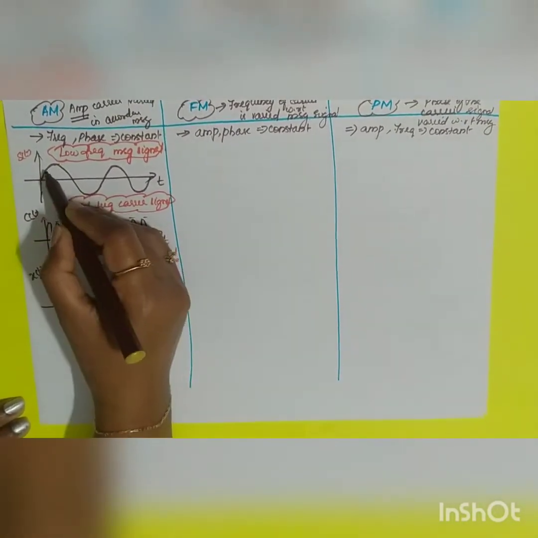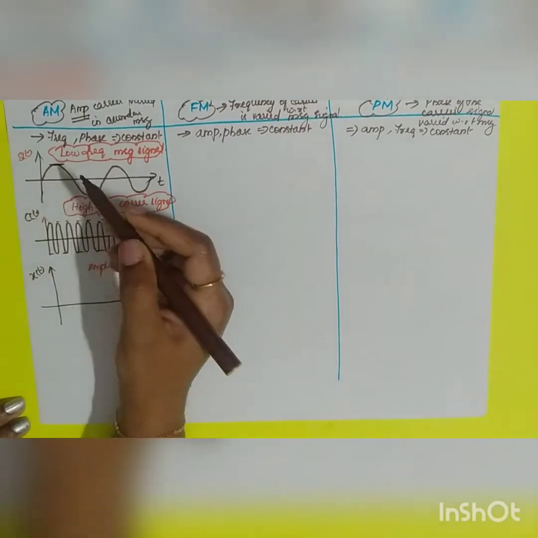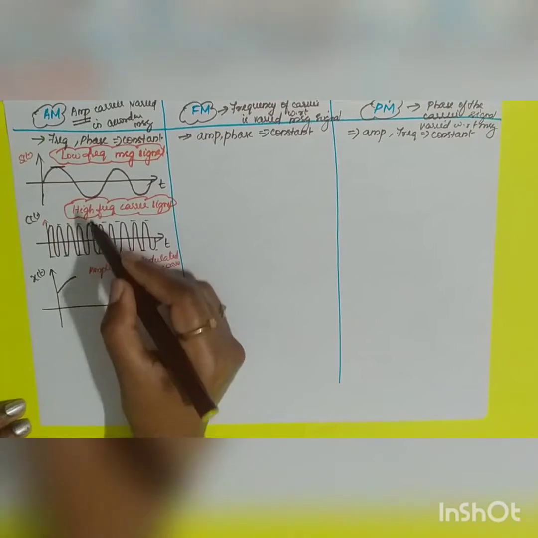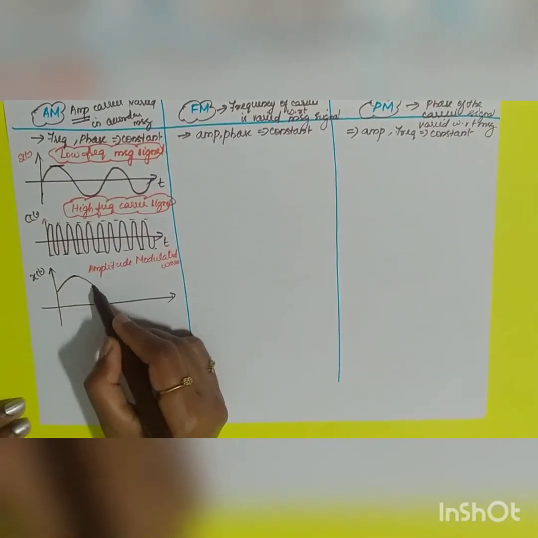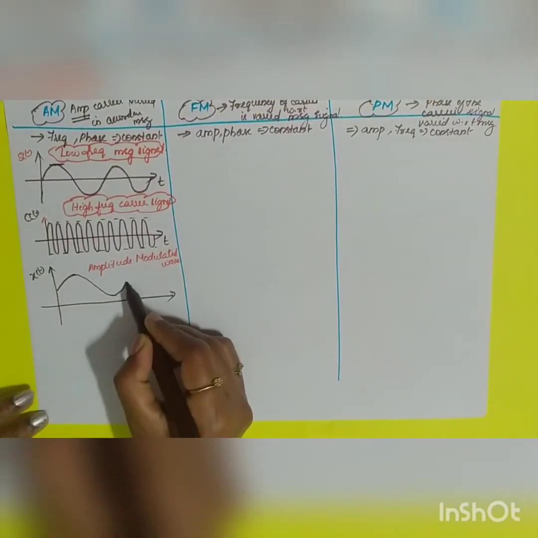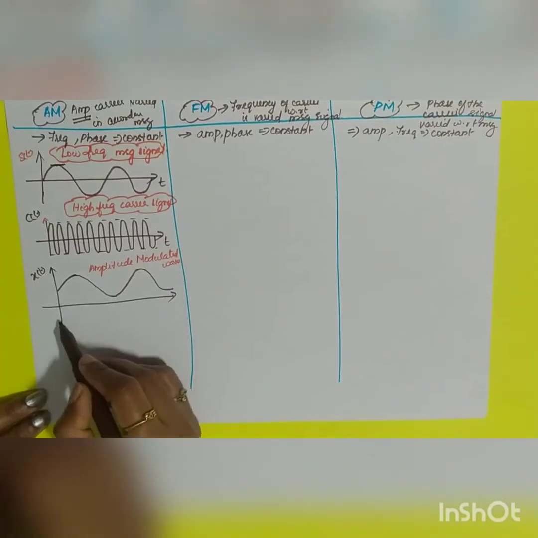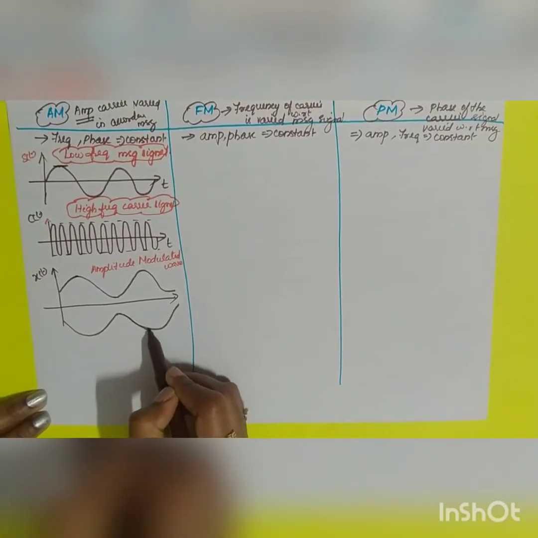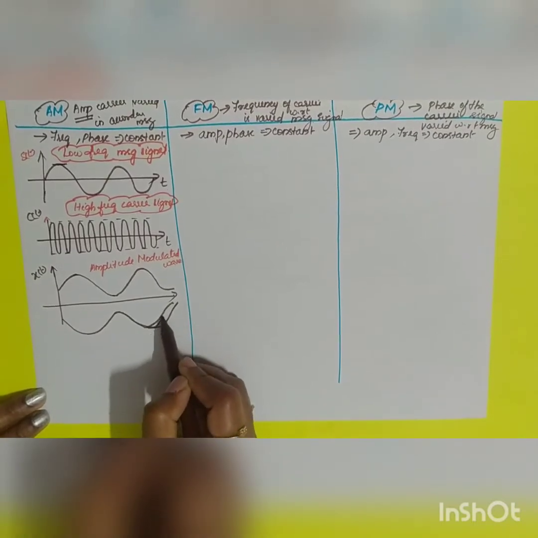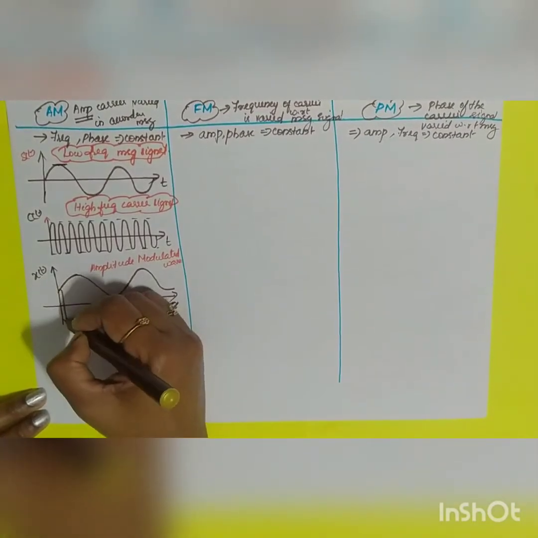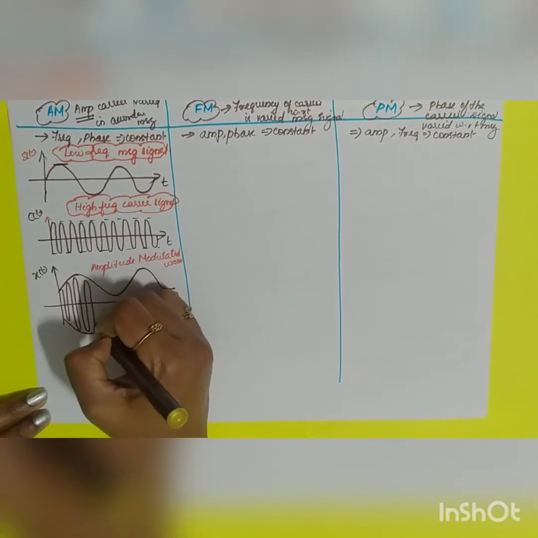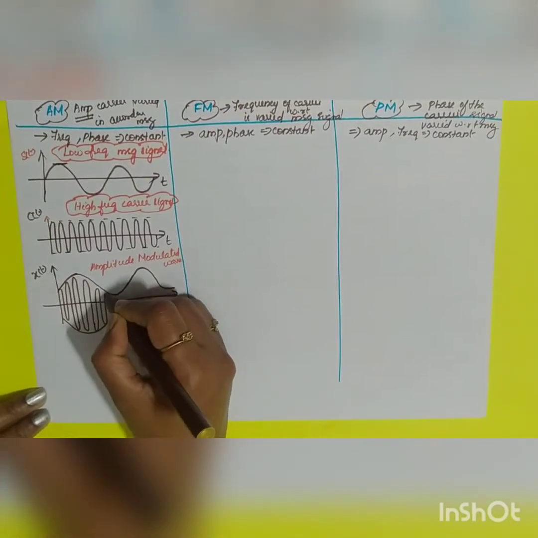Whenever the message signal is high, your amplitude will be high. Whenever your message signal is low, your amplitude will be low. This is how your amplitude modulated signal looks.